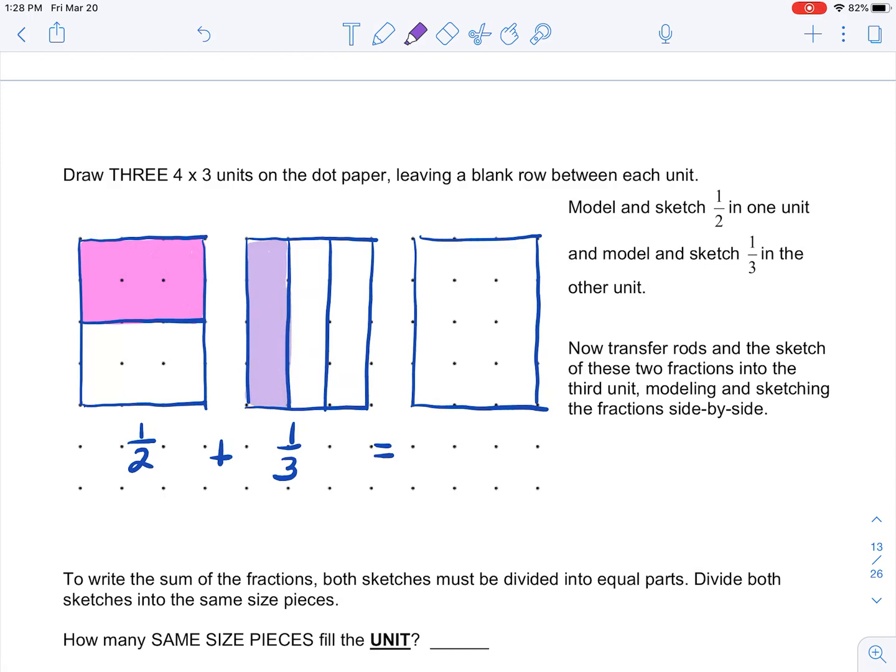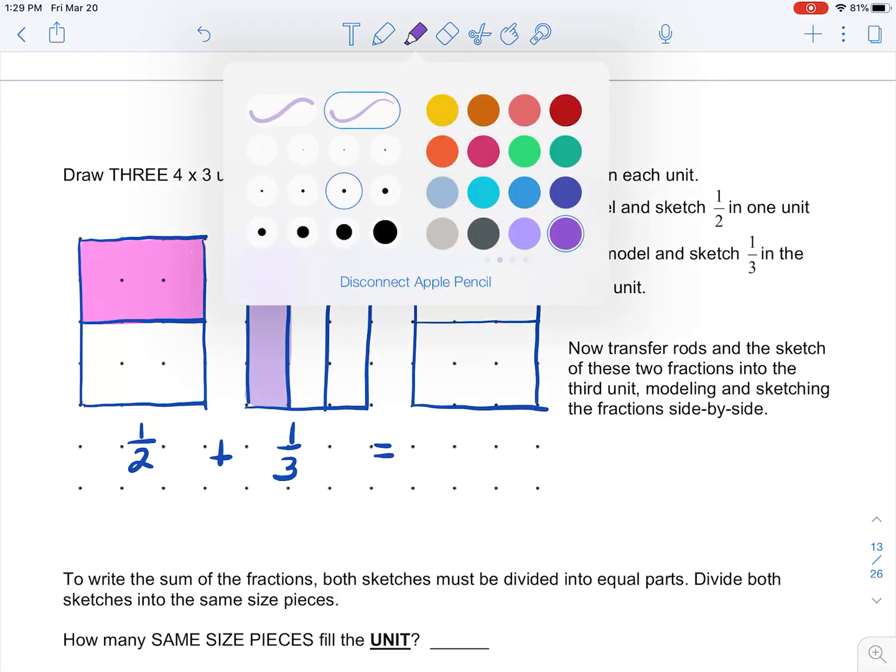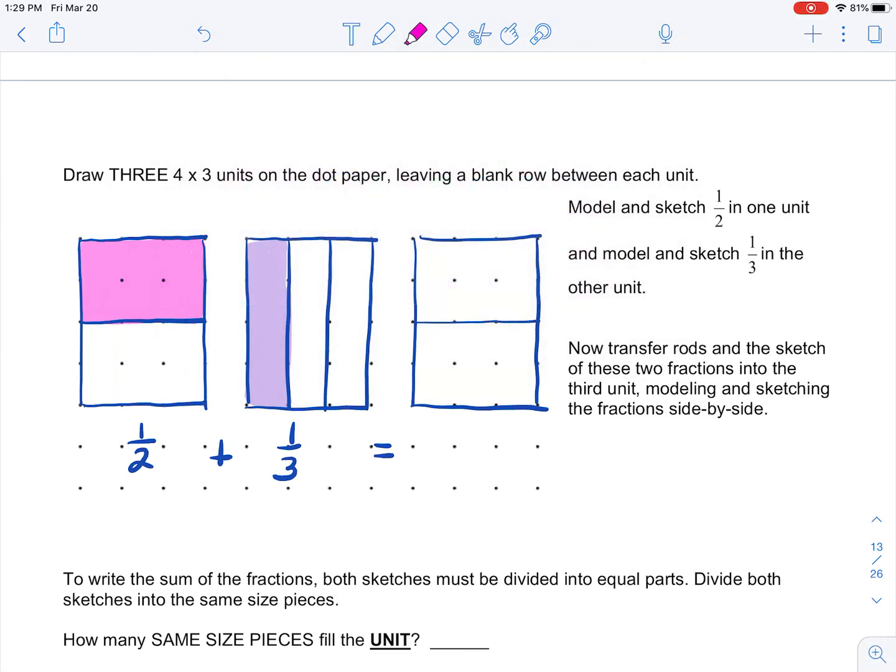It's 1/2 and 1/3. Now imagine that I'm transferring those rods over to here. I can easily transfer one of them without any difficulty. I'll just move this 1/2 picture right over here. So there's my 1/2. It's not too bad. The next one's going to be a little harder to do because I have the 1/3 and I don't have a whole column left, and I can't overlap my 1/2.